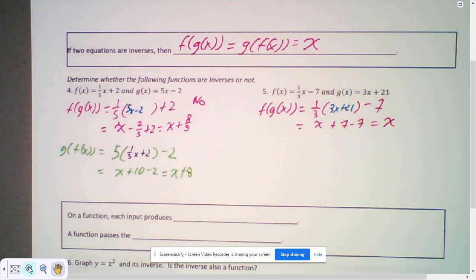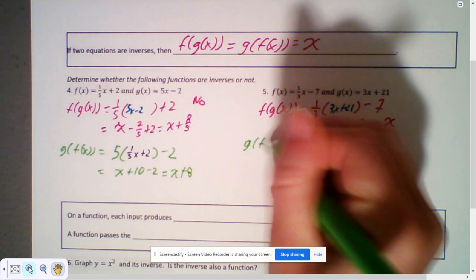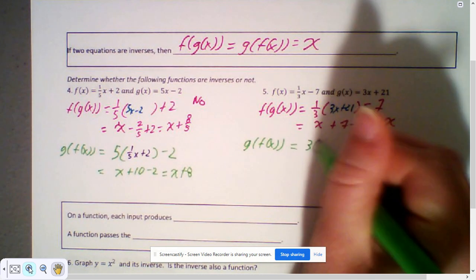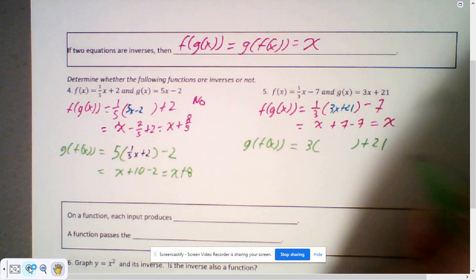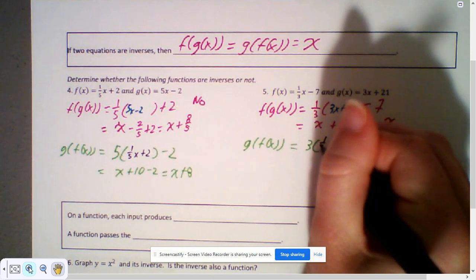That looks good. So they probably are inverses of each other, but we have to check the other one just to make sure. I'm going to do g of f of x. My g function is 3x plus 21. I'm going to fill in my f function for x. That's 1/3 x minus 7.